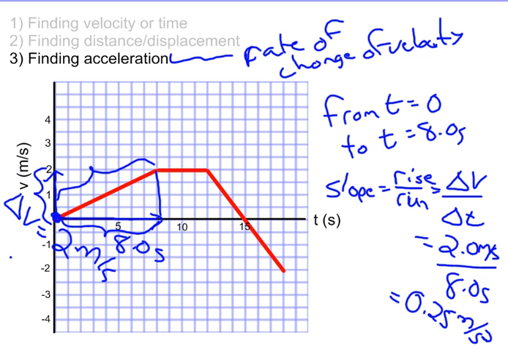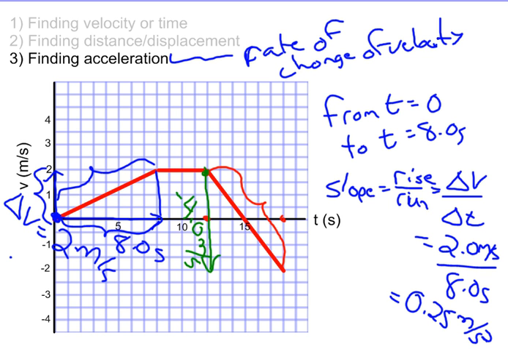If we do a similar analysis of the last segment, you'll notice that we can treat it as one segment here because it's just one continuous slope. From the time of 12 seconds to the time of 16 seconds, we have a rise, which actually is not even a rise, it's a drop. It goes down 2 meters, and down another couple of meters here, so we have a total drop of minus 4.0 meters per second.